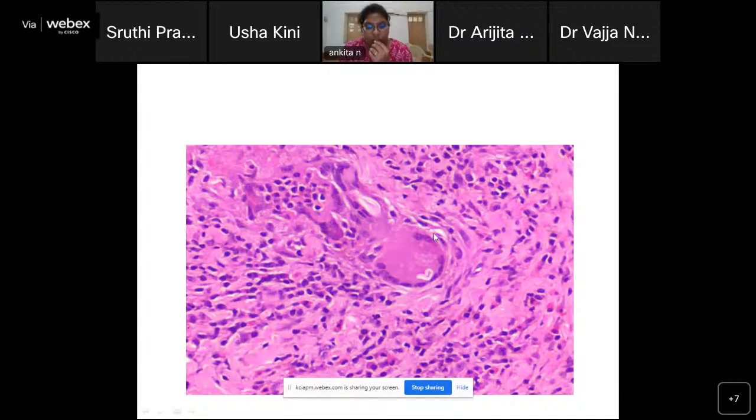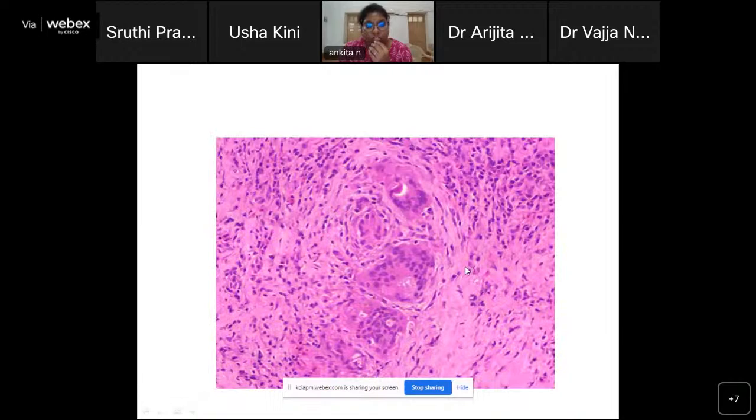A Langhans type of giant cell, where the nuclei are situated at the periphery with abundant cytoplasm, again surrounded by lymphocytes. We are also seeing a foreign body type of giant cell, where the nuclei are scattered haphazardly in the center.